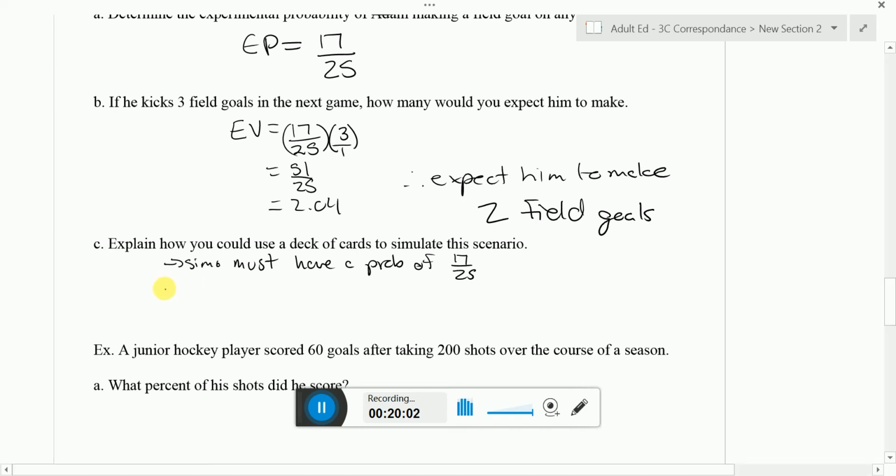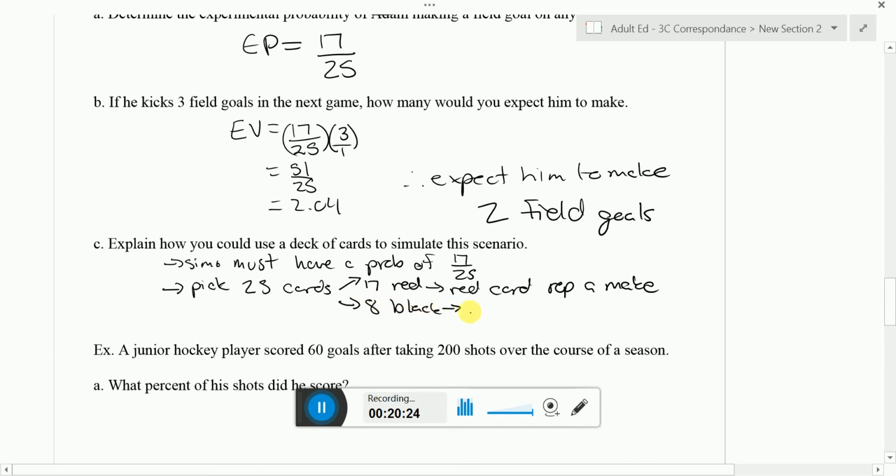So in order to match the probability, I would pick 25 cards and make 17 of those red, and a red card represents a make. I would make the rest, which is 8, black, and have black cards represent a miss.